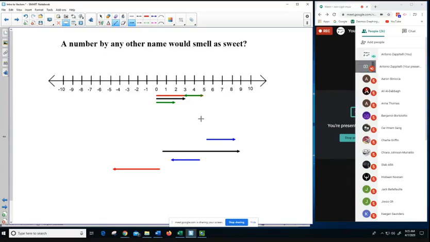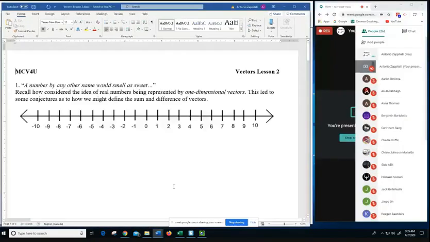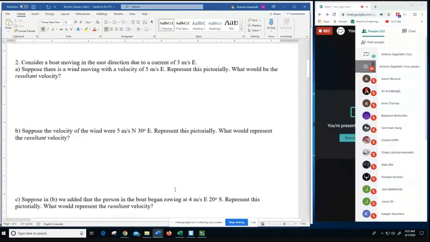All right, let's go to the worksheet. You'll notice they put it in an application context, but if you take a look at part A, they're essentially asking us to do the same thing. The boat is moving in the east direction because of the current, 3 meters per second, and then we have another thing that's going to propel this boat in the exact same direction.